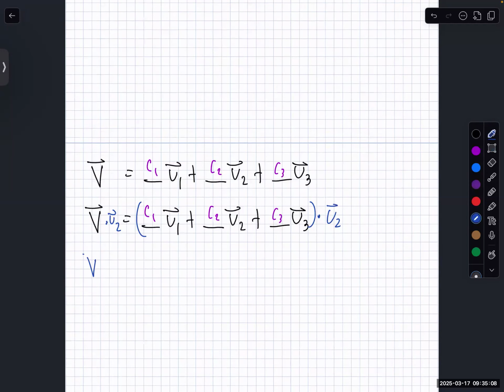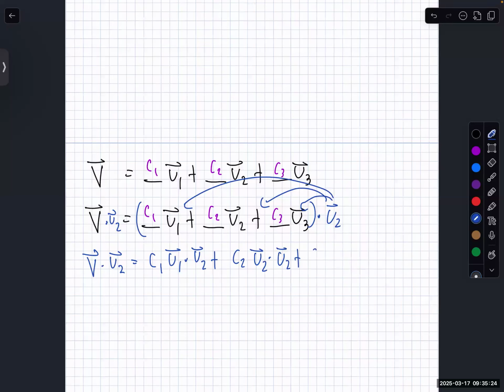So if I do V dotted with U2, C1, I'm going to distribute this in. U1 dotted with U2, C2, U2 dotted with U2, C3.